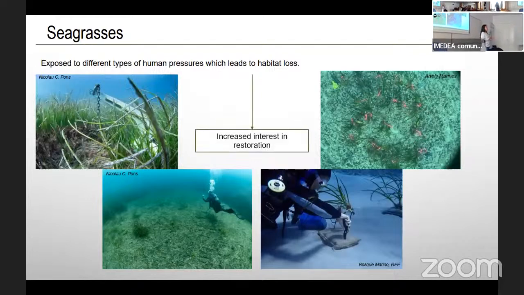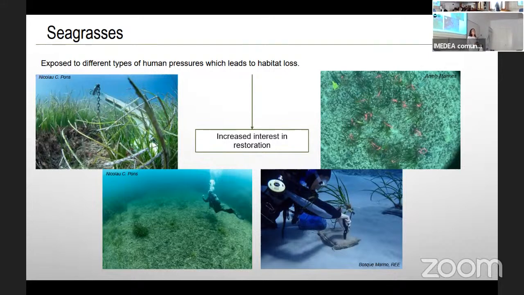So given their importance and their regression, seagrass conservation is a global priority. And this fact has led, especially in the last years, to an increased interest in restoration. And with this context, the need for projects that promote their recovery is clear.